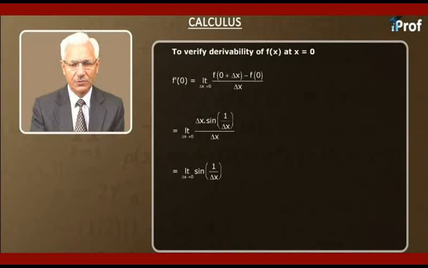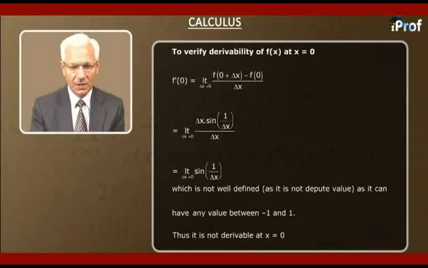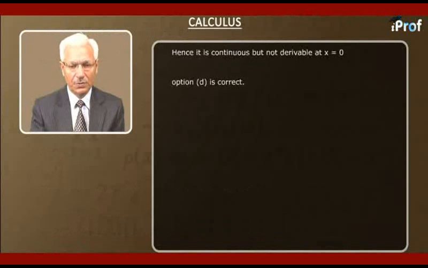That is limit delta x tends to 0 of delta x into sine of 1 by delta x upon delta x, which is equal to limit delta x tends to 0 of sine of 1 upon delta x, which is not well defined as it is not a definite value, as it can have any value between minus 1 and 1. Therefore, it is not derivable at x equal to 0. Thus, it is continuous but not derivable at x equal to 0. Hence, option D is correct.